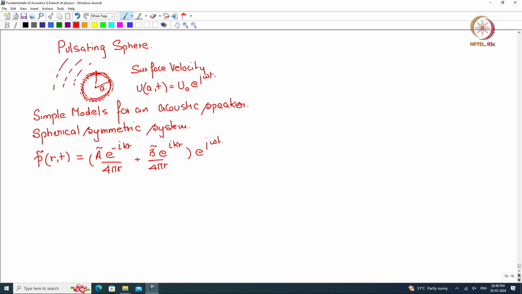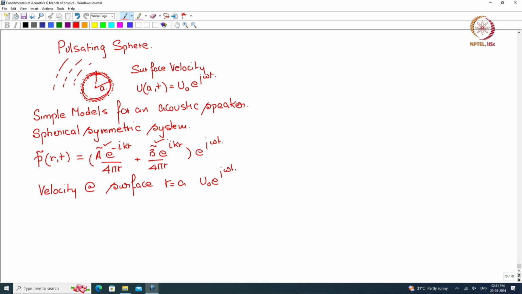So, now we have to find the a and b constants, and the boundary condition is the velocity at the surface, that means r equal to a is u0 e to the power of j omega t.